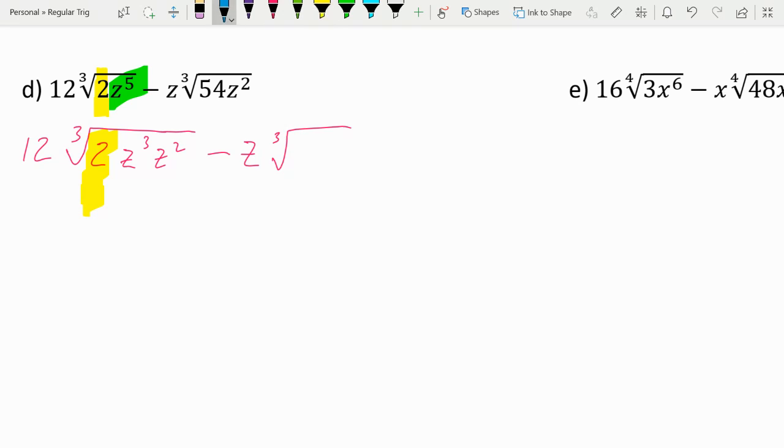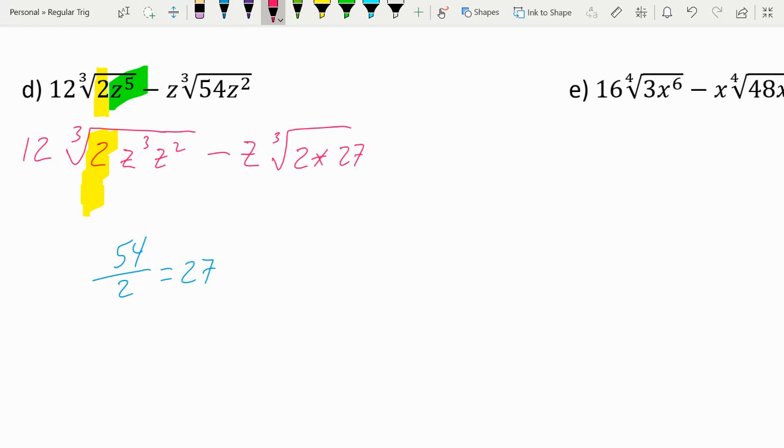So I'm going to grab my calculator and do 54 divided by 2. 54 divided by 2 gives me 27. So I know I'm going to have 2 times 27.